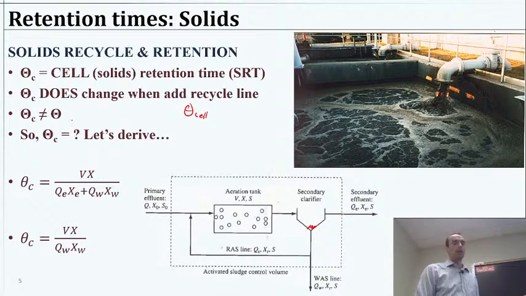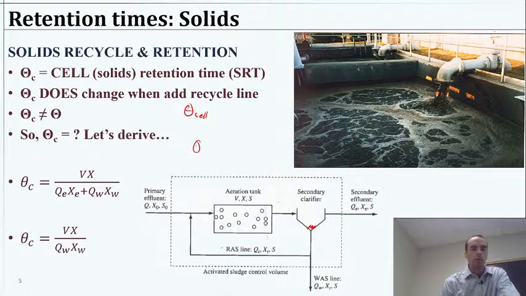But since we're recycling, we have to ask ourselves, how do we get a value of this? And if theta is V over Q, we imagine that theta C should be something like V times X over Q times X. Something of that form, right?